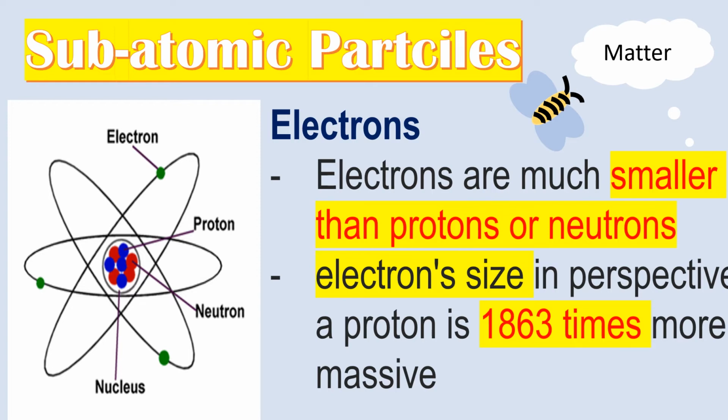To put the electron's size in perspective, a proton is 1,863 times more massive than the electron. Because the electron's mass is so very low, only protons and neutrons are considered when calculating the mass of an atom.